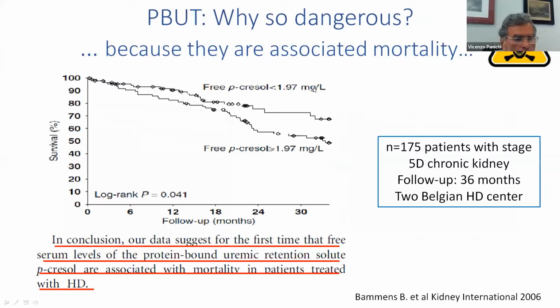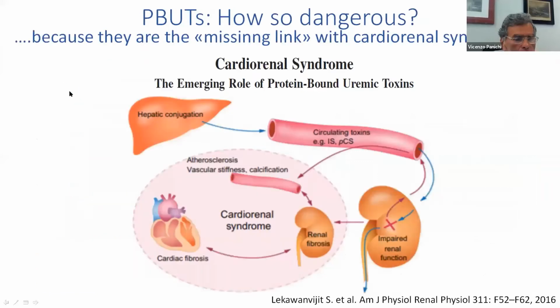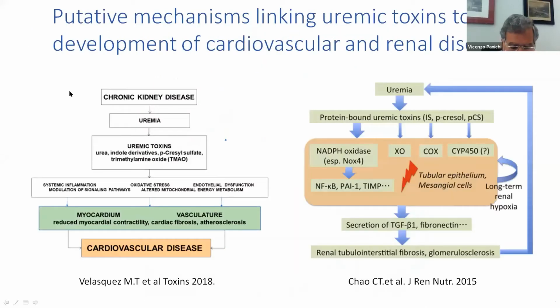But not only that, they increase systemic inflammation, oxidative stress, endothelial dysfunction, and cause cardiovascular disease, which is so frequent in our patients. Furthermore, looking at molecular mechanisms, NF-kB is the key mediator of the production of a lot of TGF-beta, fibronectin, and several other mediators that give us renal tubulointerstitial fibrosis and glomerulosclerosis.